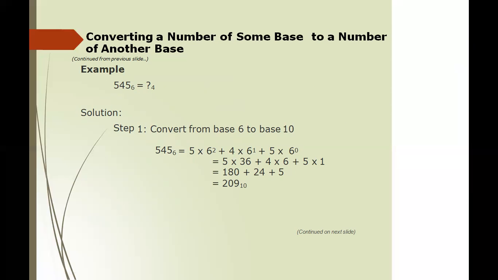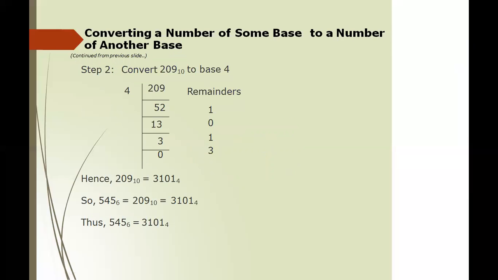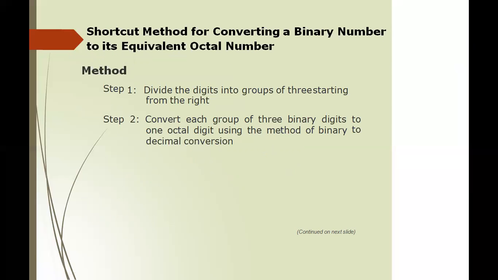By following two steps we can convert a number from some base to another base. Here we get help from decimal: from any base to decimal, then we go into another base.